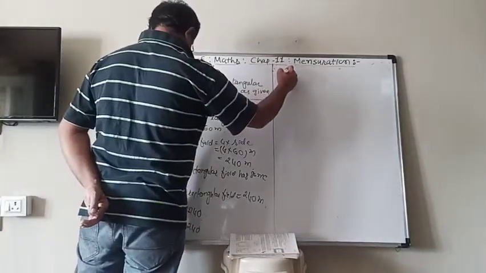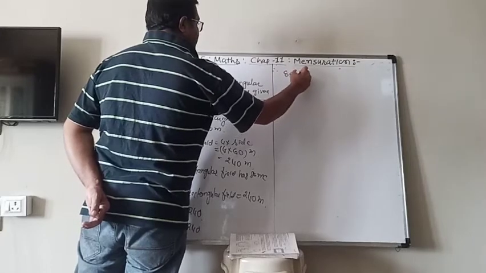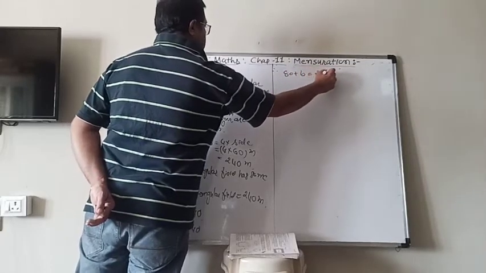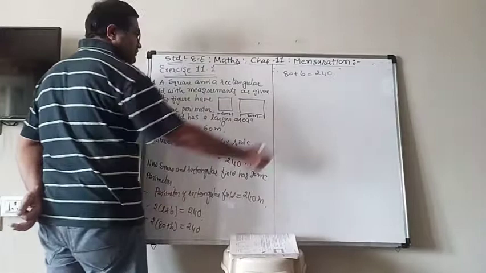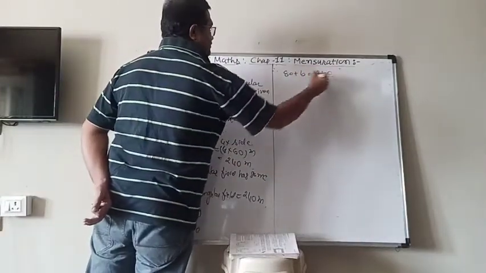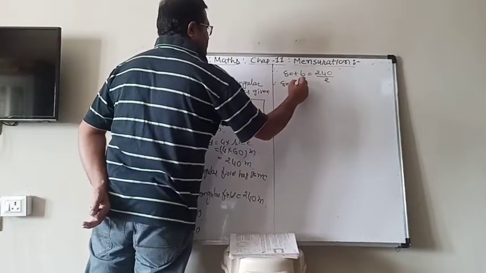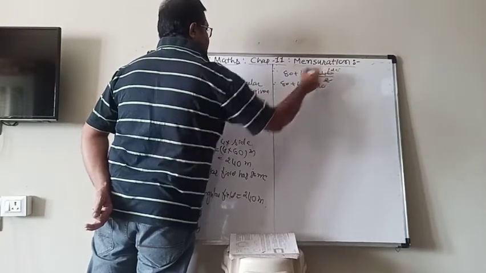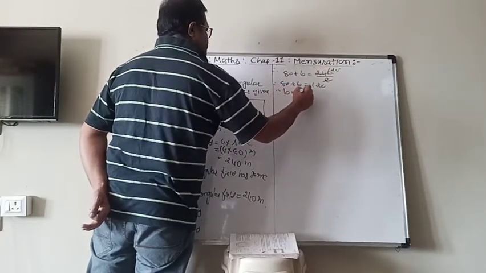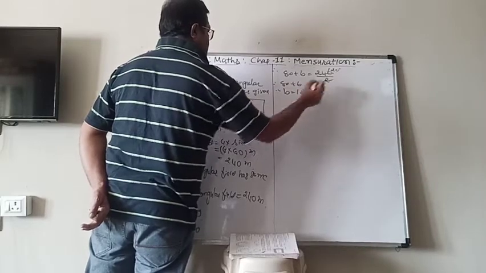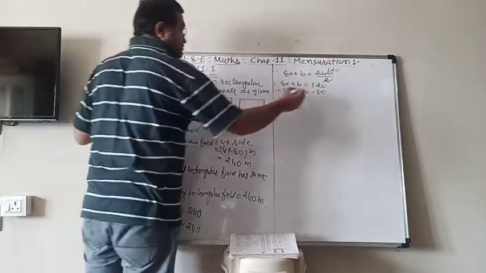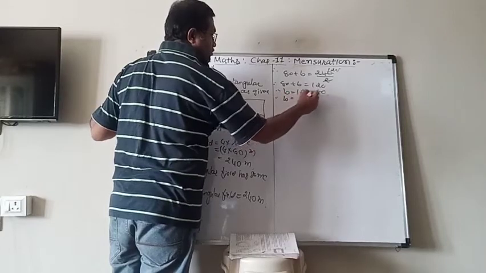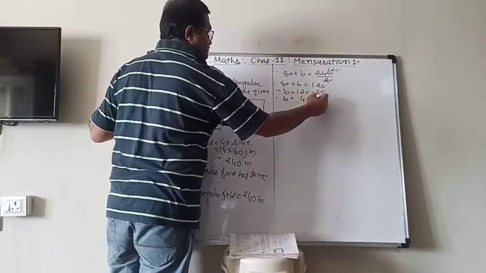So 80 plus breadth is equal to 240 divided by 2. So 80 plus b is equal to 120. Therefore b is equal to 120 minus 80. So b is equal to 40.